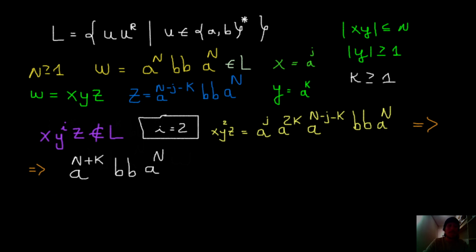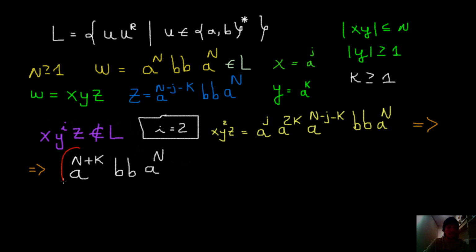Keep in mind, very important, this value k is at least 1. Because if k is 0, then this k disappears and this is a palindrome word, but this k is at least 1. So there is no way we have the same amount of a's at the beginning as at the end.